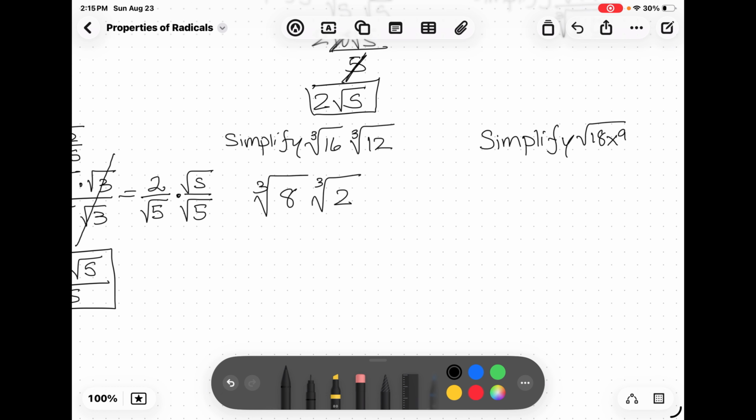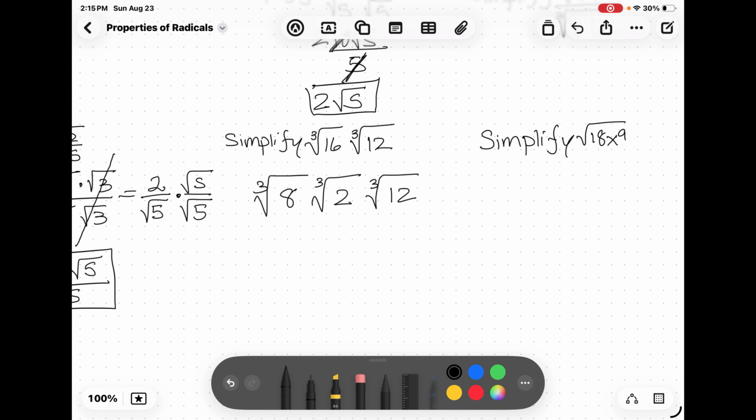What about the 12? Four and 3. Really not going to be able to do anything with that, right? If I have 4 times 3, neither of those is a perfect cube. So I'm stuck with that cube root of 12.